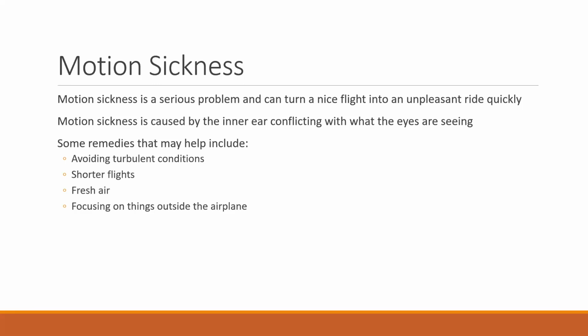If you're looking inside the airplane a lot and the airplane's moving and you're not, your brain can't comprehend what's happening, and it's really easy to get airsick. There are a lot of remedies for this: avoid turbulent conditions, take short flights, get fresh air, and focus on things outside the airplane. Also, taking medication can help get rid of some of the motion sickness effects.